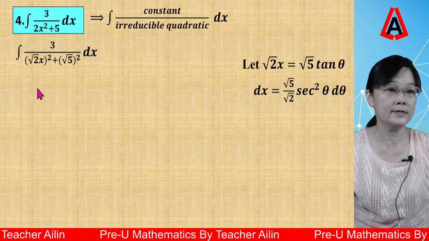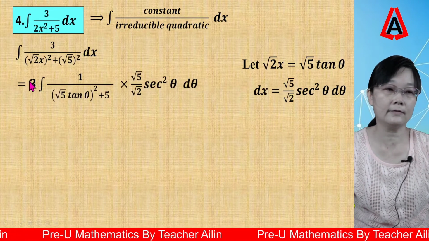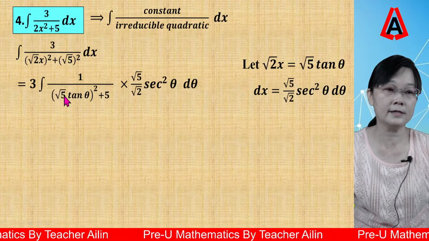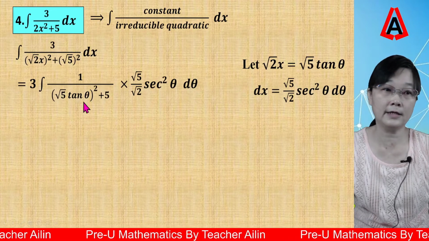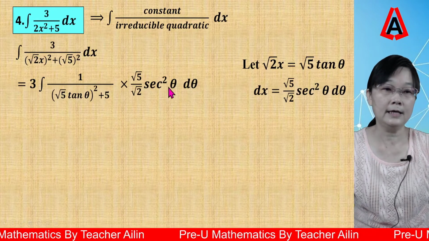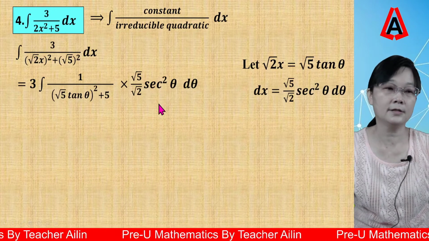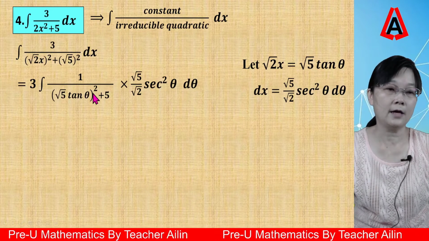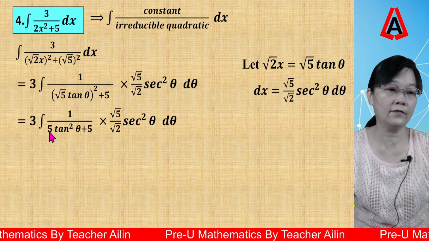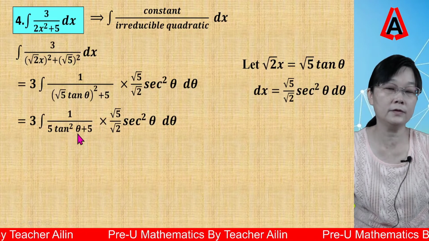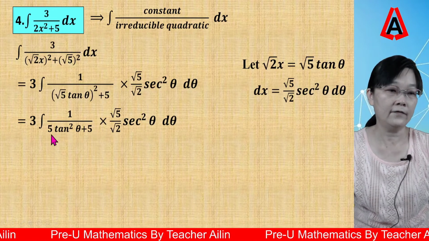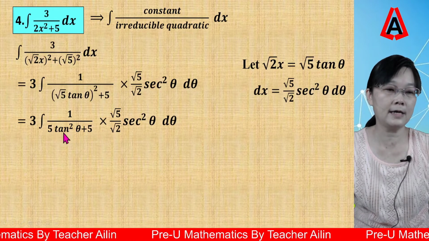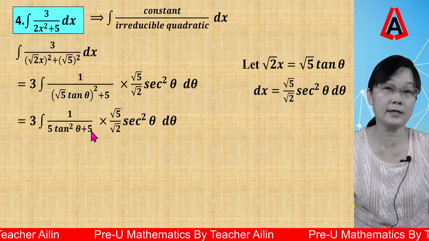Now to do the substitution, first I take out the constant 3 and I replace square root of 2x with square root of 5 tangent theta and dx with this expression. And first, square root of 5 tangent theta power 2 is equal to 5 tangent power 2 theta. And when I factorize the 5 here, I find that this is tangent power 2 theta plus 1.